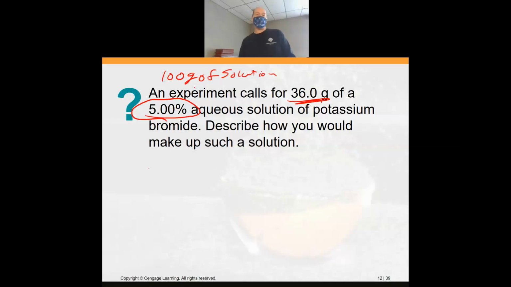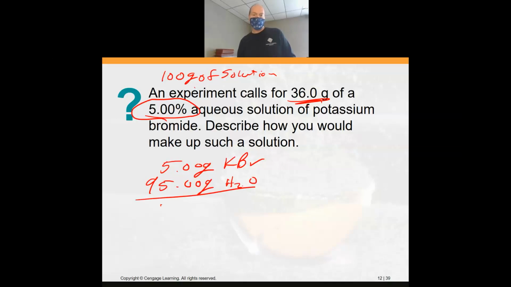So if we have 5% of an aqueous solution, I assume a 100 gram sample. That means I have 5 grams of potassium bromide and 95 grams of water.